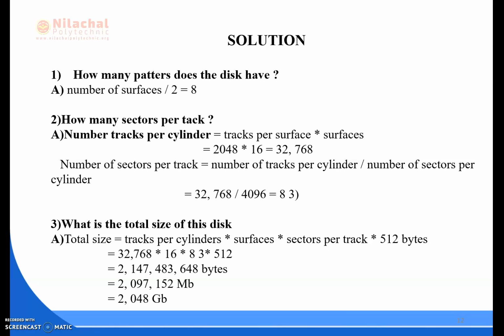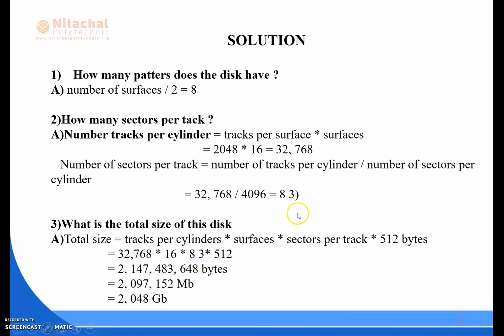The total size of the hard disk, we have already discussed, we need to find the total number of surfaces multiplied by the total number of tracks on a surface. Next, sectors per track. Next, the total amount that is stored per sector. So here we have all the information. Tracks per surface is 2048, whereas the number of surfaces is 16.